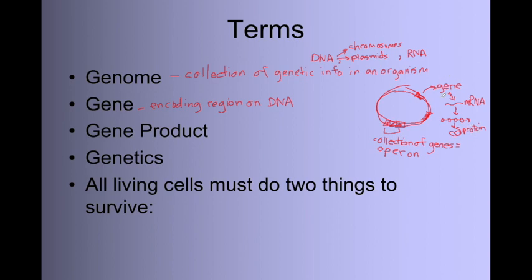All right, so this is the process of transcription, this is the process of translation, and this is just folding or post-translational modification. So we have genes on DNA that are the coding regions.